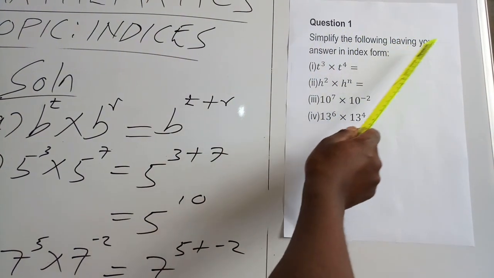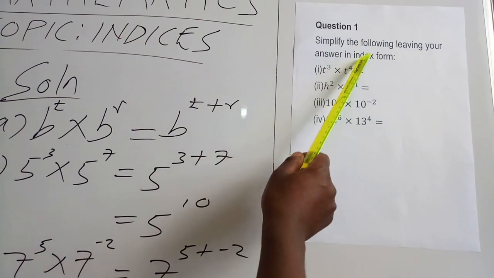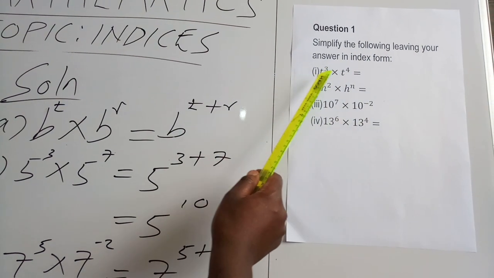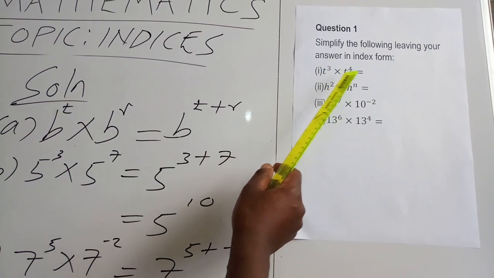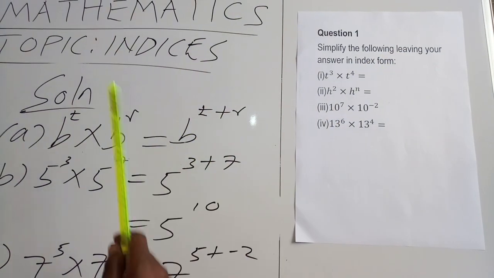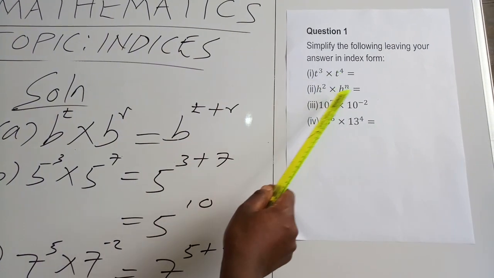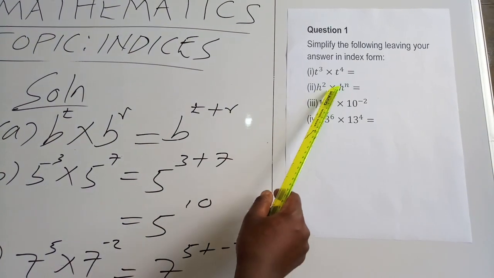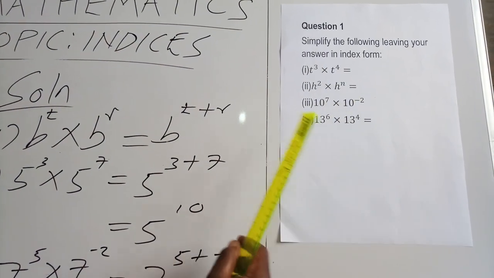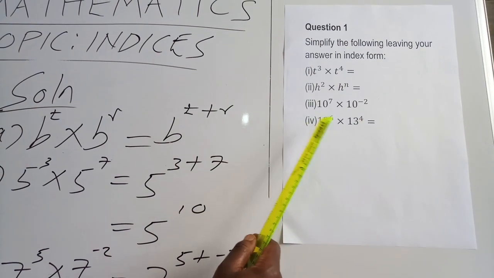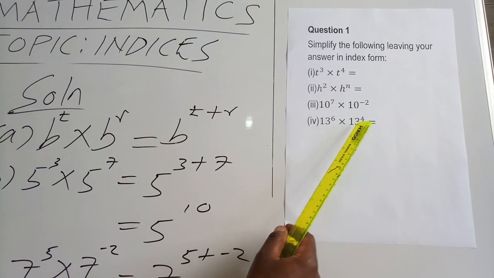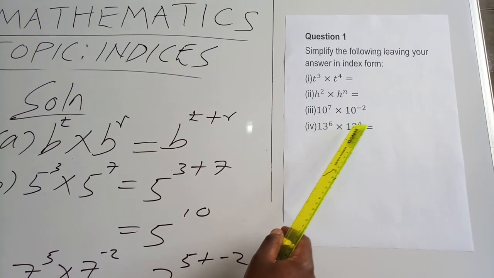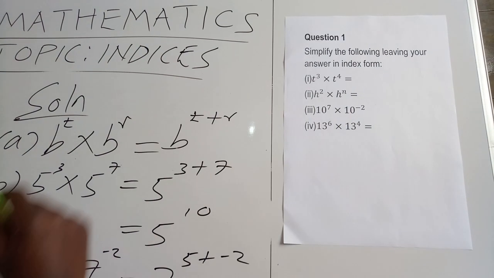Simplify the following, leaving your answer in index form. That is Roman 1, t^3 times t^4. Then h^2 times h^n. Then 10^7 times 10^-2. Then 13^6 times 13^4. What shall we get?